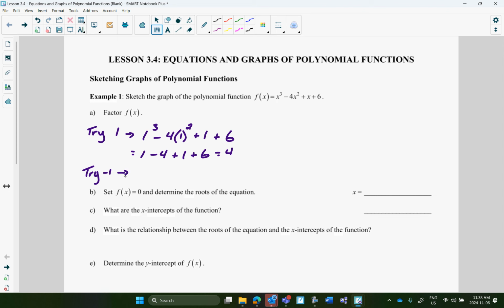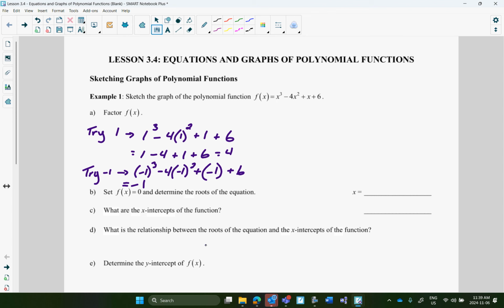So that gives me negative 1 to the third minus 4 times negative 1 squared plus negative 1 plus 6. That's going to give me some minuses here. This is looking promising. Oh, sorry, it should be cubed. Negative 1 cubed, so that's negative 1.